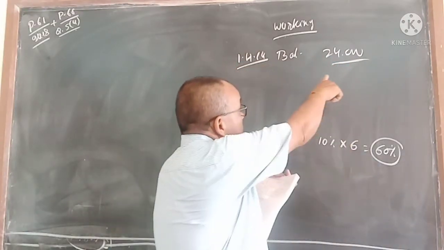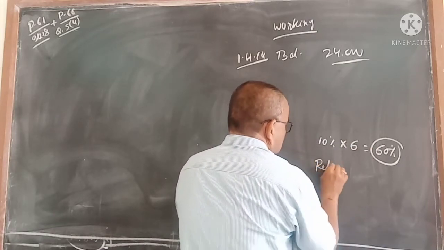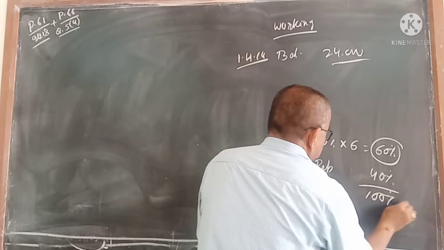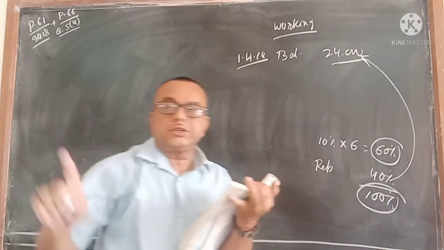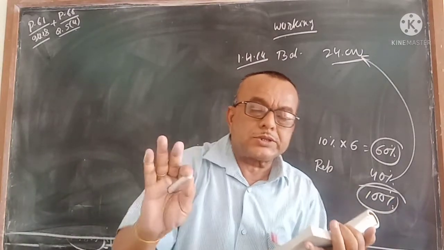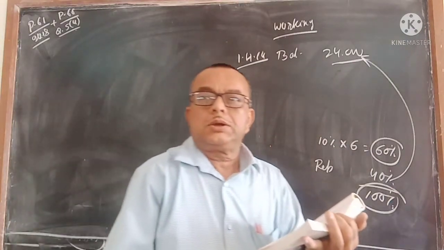Now the left amount, how much is this? This is the remaining, which is 40%, because your total is 100%. That is the thing which you have to calculate. These things you have to understand: this 24,000 is not your CP.